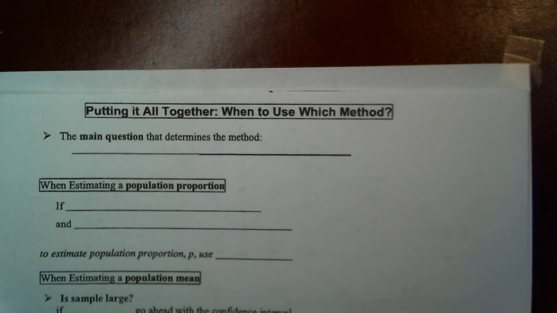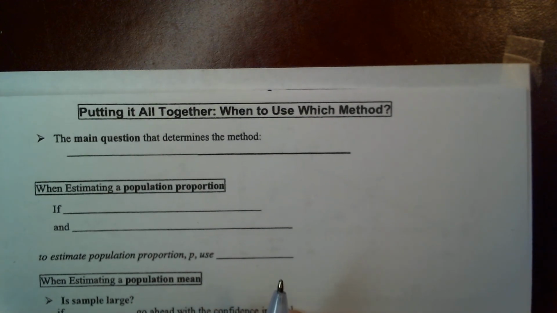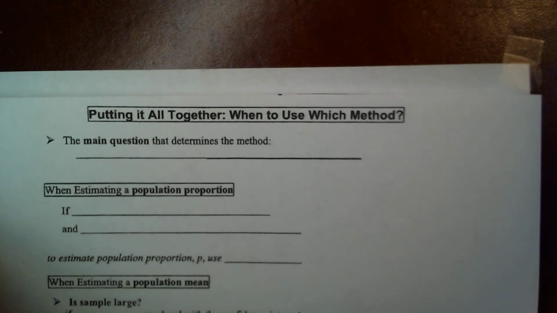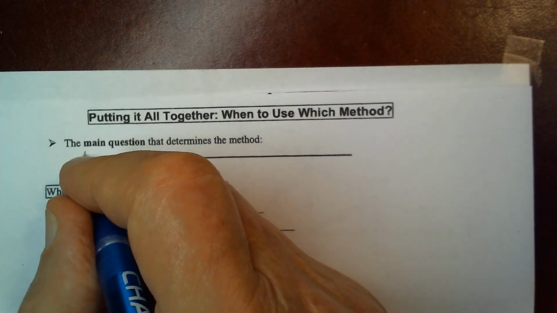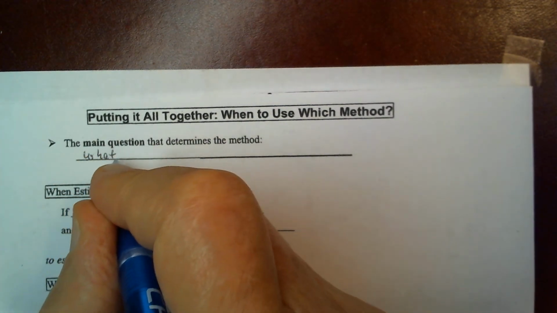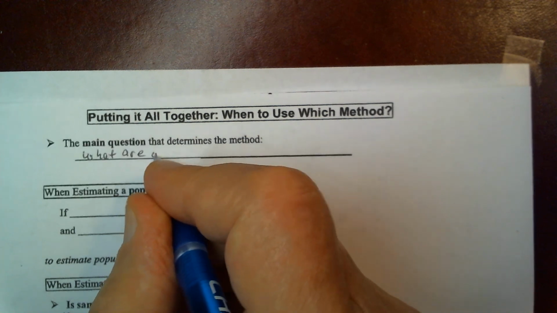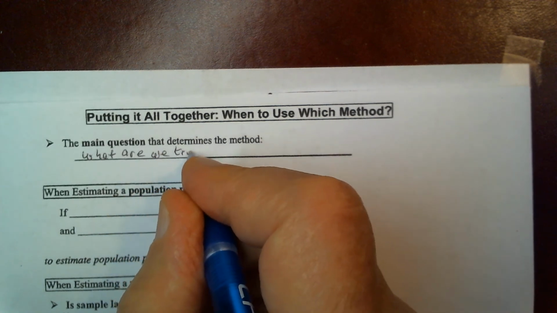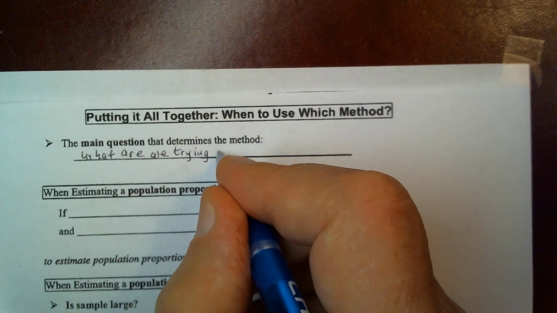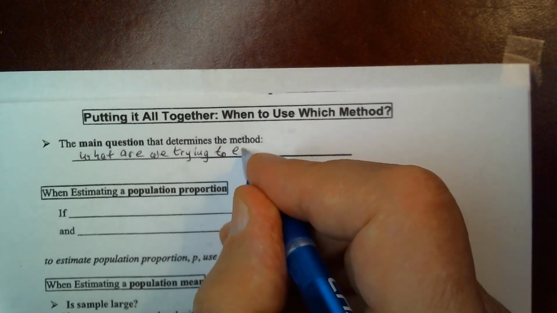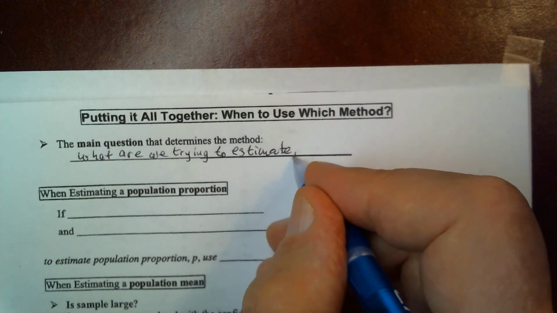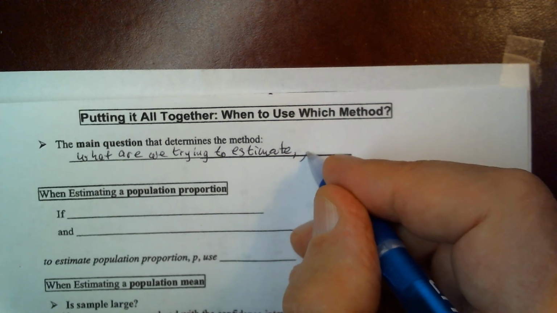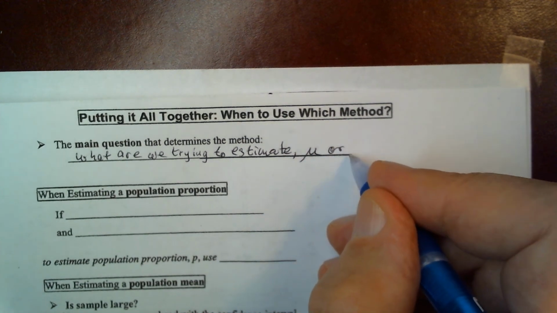So putting it all together, when to use which method. The main question that determines the method we're going to use is, what are we trying to estimate? Are we trying to estimate the population mean or the population proportion?